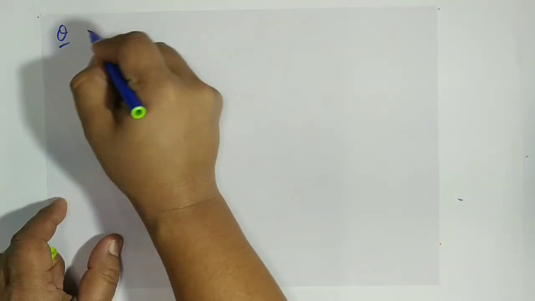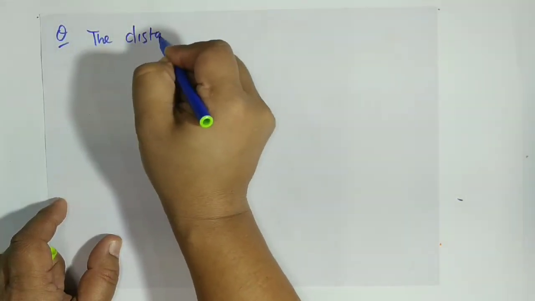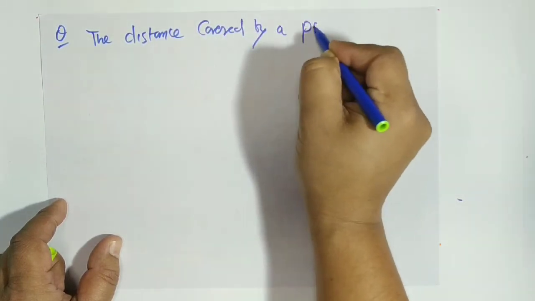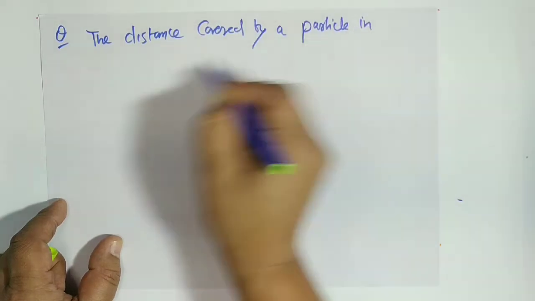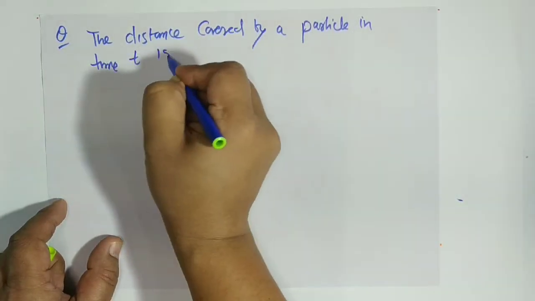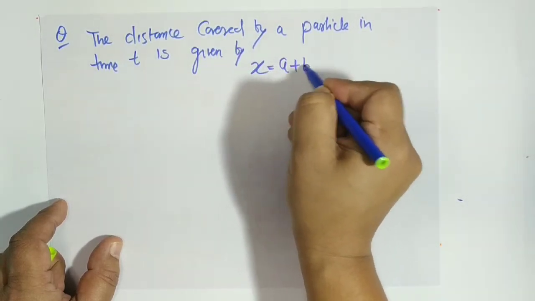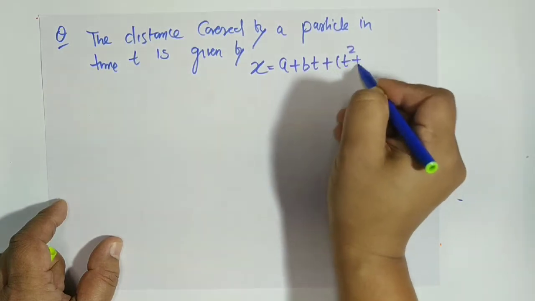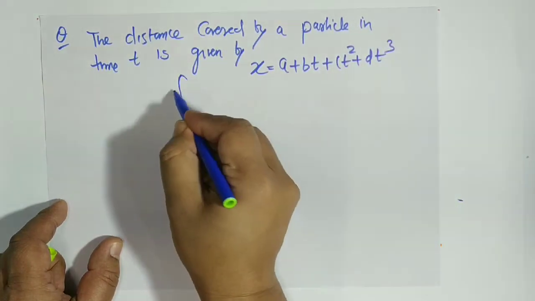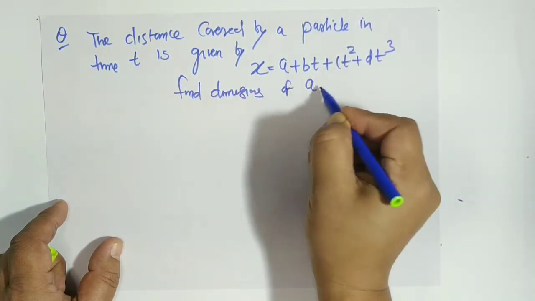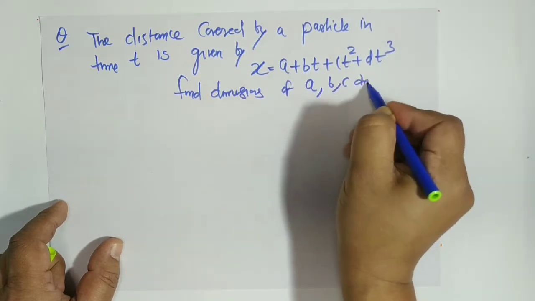There is a question: the distance covered by a particle in time t is given by a relation x equal to a plus bt plus ct square plus dt cube, and they are going to ask you to find the dimension of a, b, c and d.